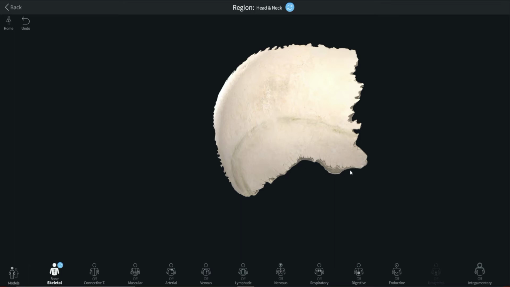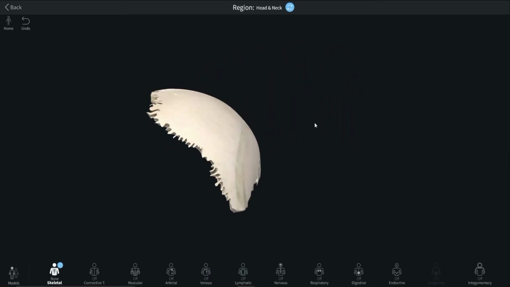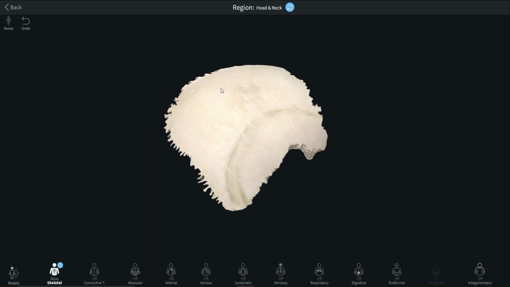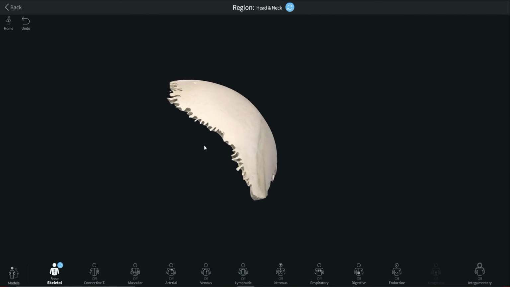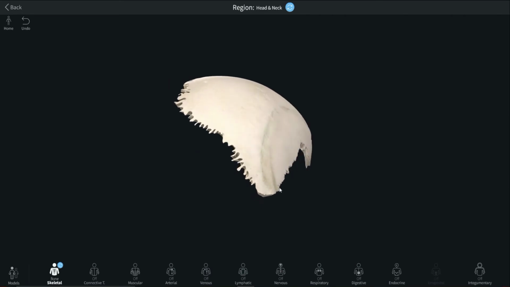All right? It is not a straight line, it is a notched one. If we come to know what the inferior side is, we can obviously make out this is the outer surface and this is the inner surface because of the convexity differences. And now we know that this is the inferior border.